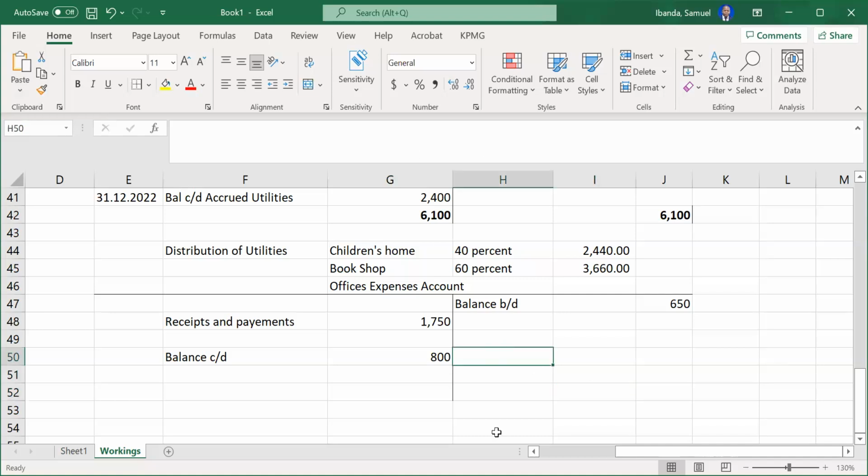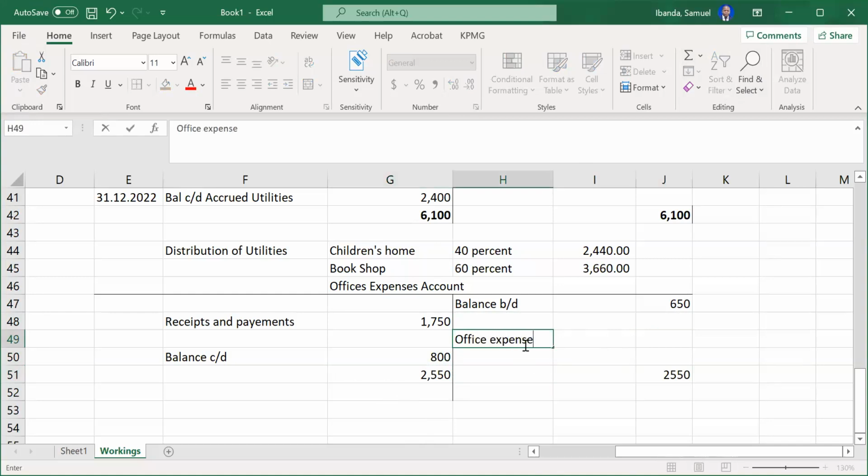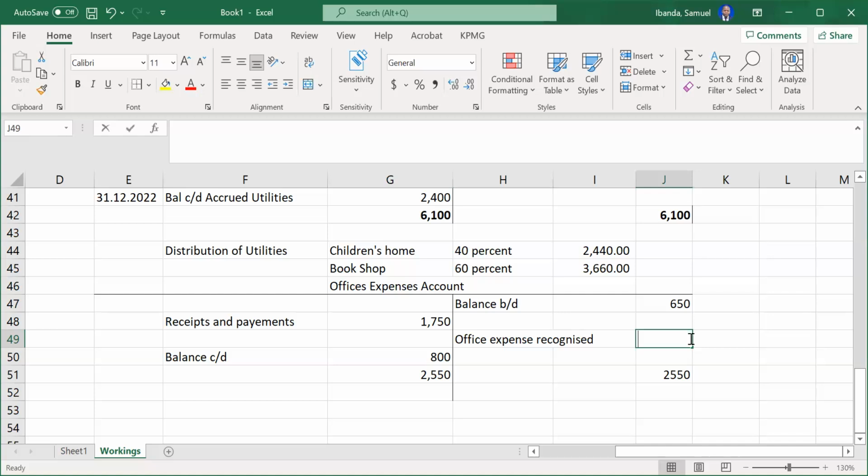I'll look for any other information relating to receipts and payments. In case I don't have it, I'll just proceed to balance my account. So I get that value and I have a lesser figure, but this account has to balance. So the balancing figure is office expenses recognized, which will be this minus this, 1,900.